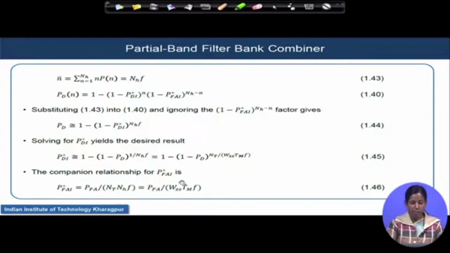The companion relationship for your P star FAI can be determined from this P star DI also. So when your partial band FBC is there, you do not identify the detection probability by the original one, considering that NH is very high. We can go ahead with the equation of detection probability 1.44, where the individual channel detection probability is given by 1.45 and its corresponding false alarm probability is given by 1.46.